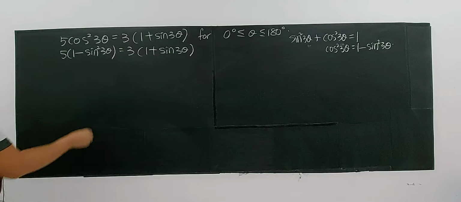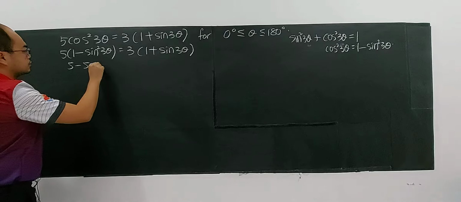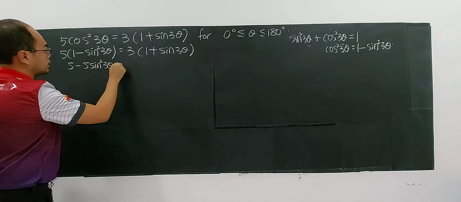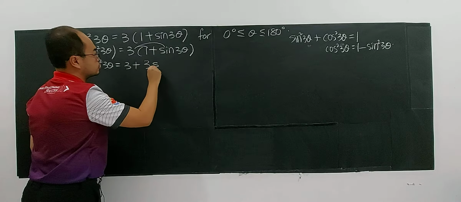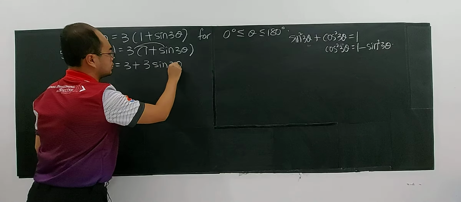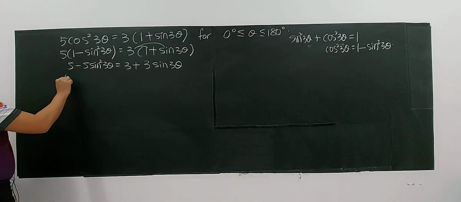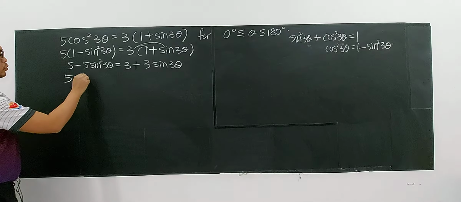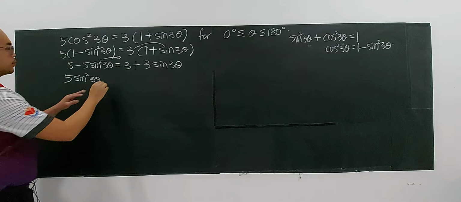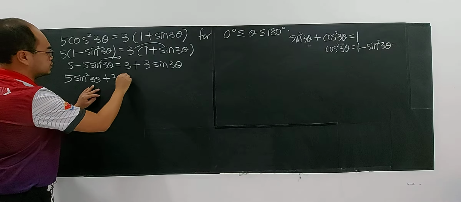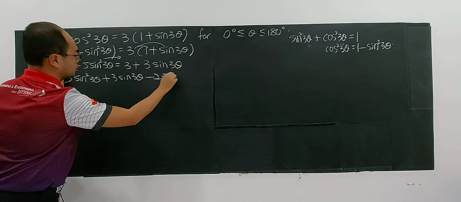Expand: 5 minus 5 sine square 3 theta equals 3 plus 3 sine 3 theta. Now rearrange this into quadratic general form. Move everything over: 5 sine square 3 theta plus 3 sine 3 theta, and 3 minus 5 gives negative 2, equals 0.